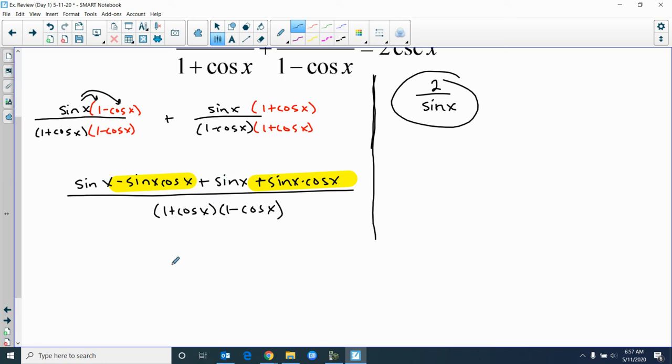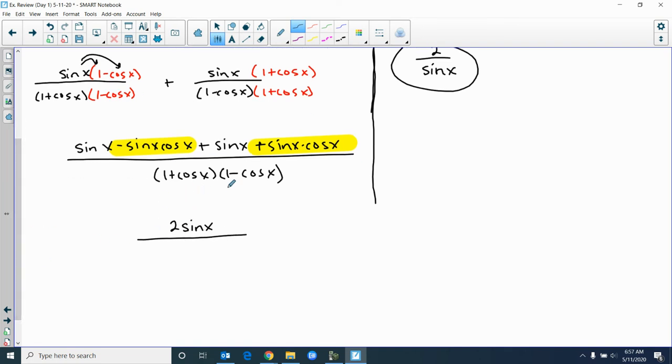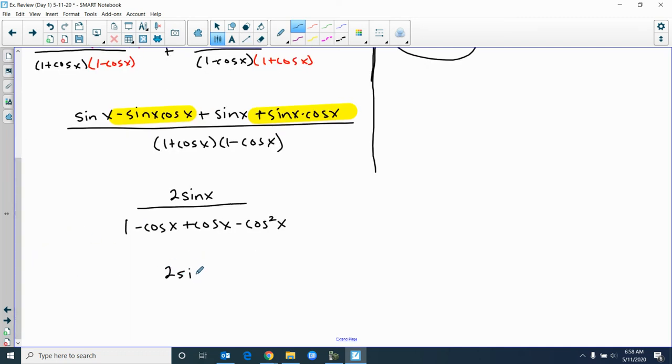And I got sine of x plus sine of x, which is 2 sine of x. And I'm going to go ahead and FOIL these in the denominator. And when I FOIL them, 1 minus cosine of x plus cosine of x minus cosine squared. Well, some of you already know that probably could have just jumped to this step and put 2 sine of x over 1 minus cosine squared.